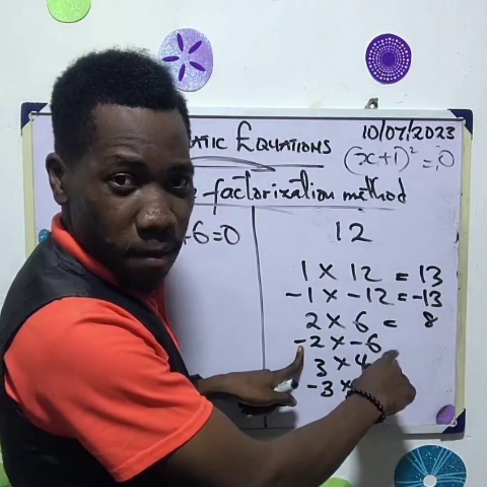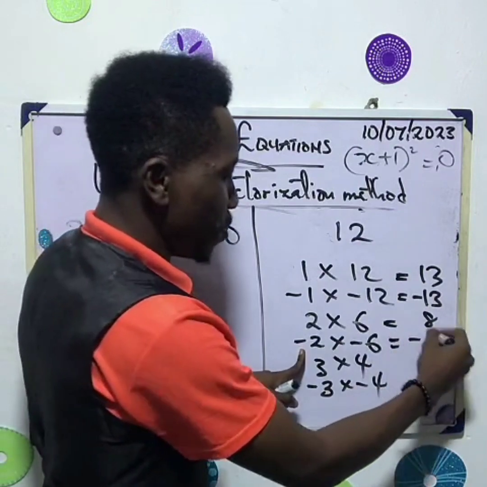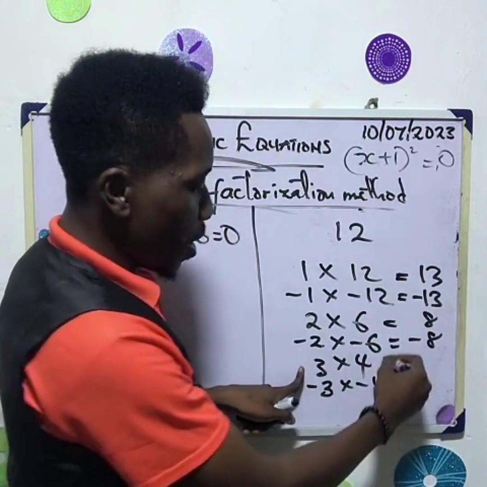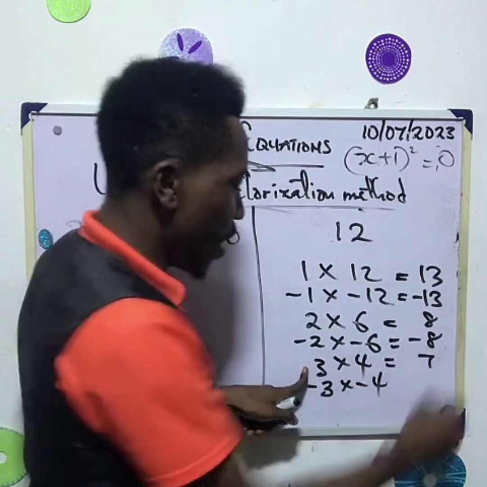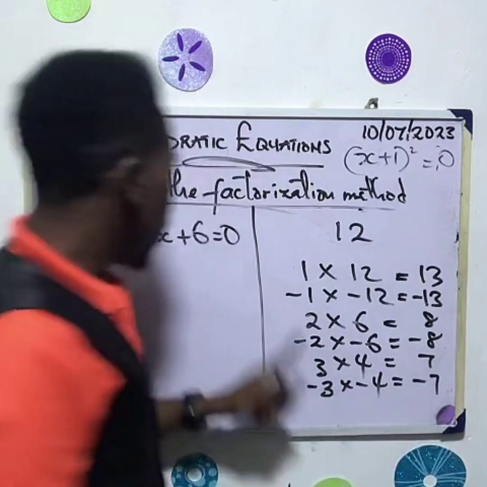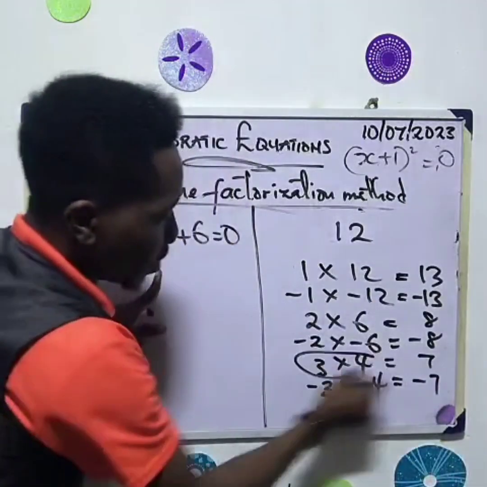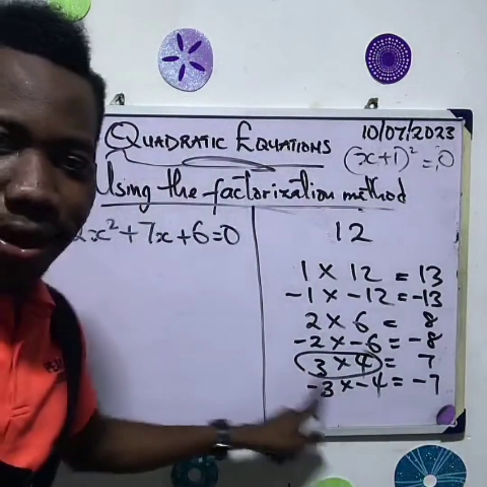Minus 2, minus 6, minus 8. 3 plus 4, 7. Minus 3, minus 4, minus 7. And we need the one that will give us plus 7, right? So that's 3 and 4. So we'll be working with 3 and 4.